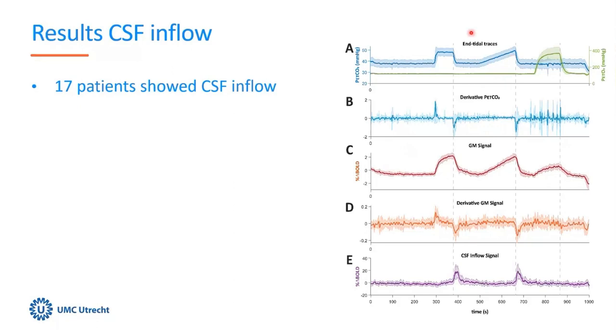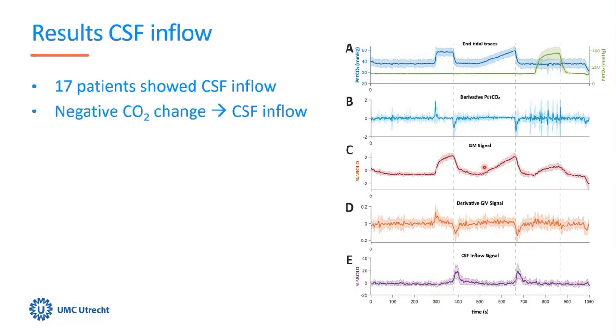So what you can see in the top is again the hypercapnic stimulus and the hyperoxic stimulus in green. And here in red, you see the volt response. At the bottom in purple, you see the CSF flow measured in voxels containing CSF in the lower slices.